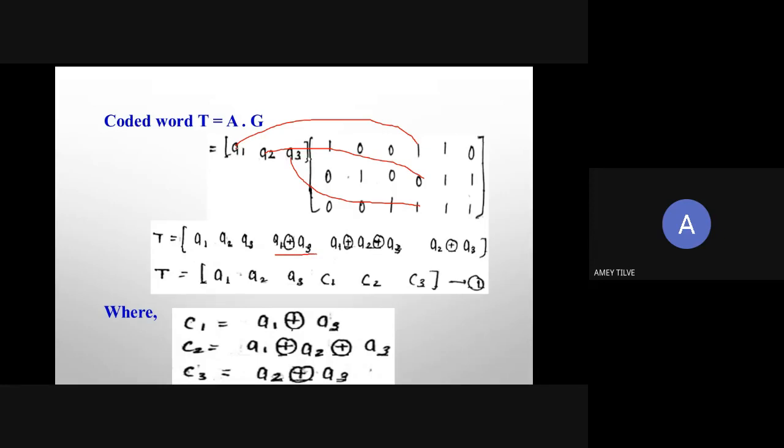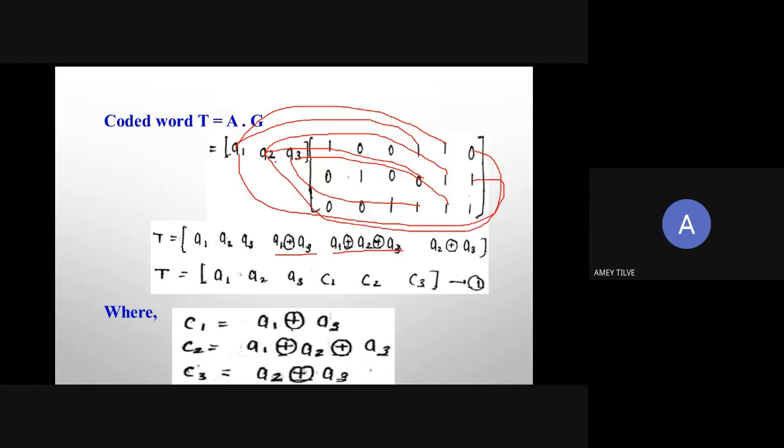When I multiply with the next column, A1 into 1 is A1, A2 into 1 is A2, A3 into 1 is A3, so A1 XOR A2 XOR A3. And for the last one, I multiply A1 with 0, A2 with 1, and A3 with 1. A1 into 0 is 0, so A2 XOR A3. So from this, we have generated our T.